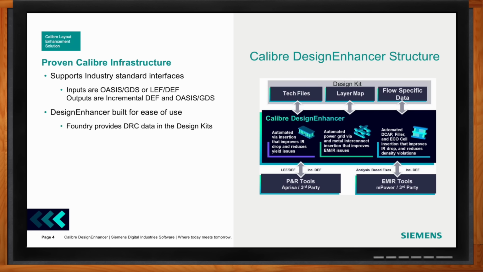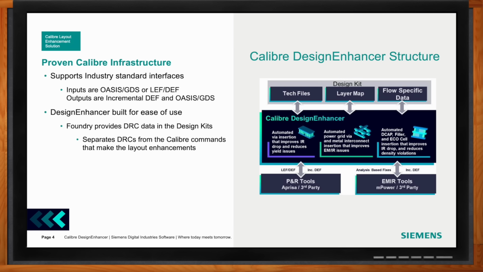And so we have created design kits that drive Design Enhancer. Those kits contain the important technology rules, the DRC rules that go with the different applications we're trying to achieve, and then, of course, the layer map, which varies from foundry to foundry. We also have the ability to add flow-specific data to customize it.